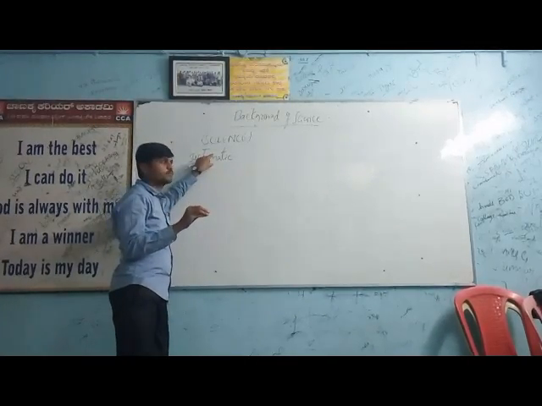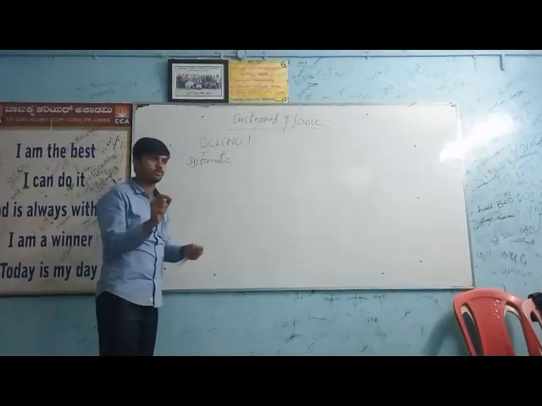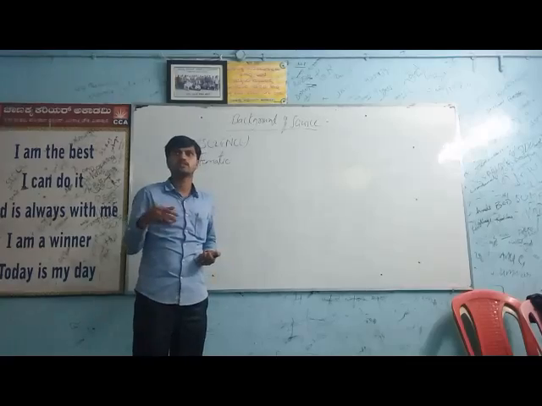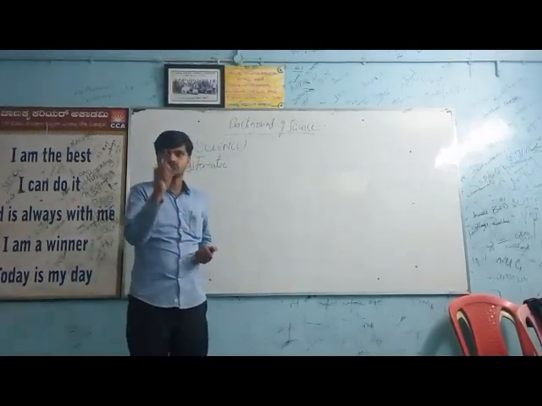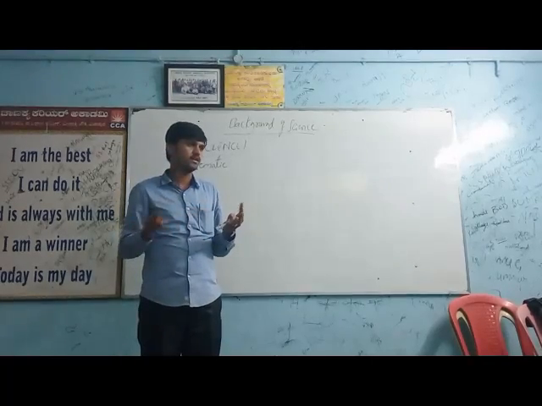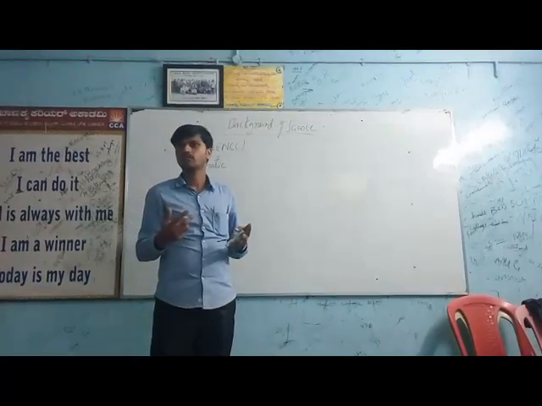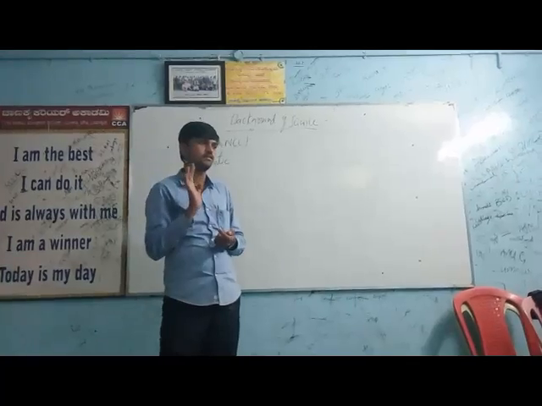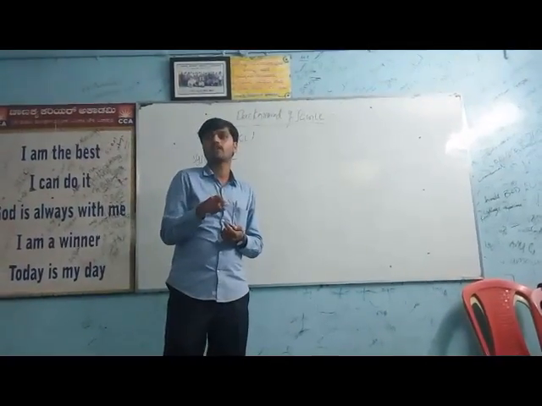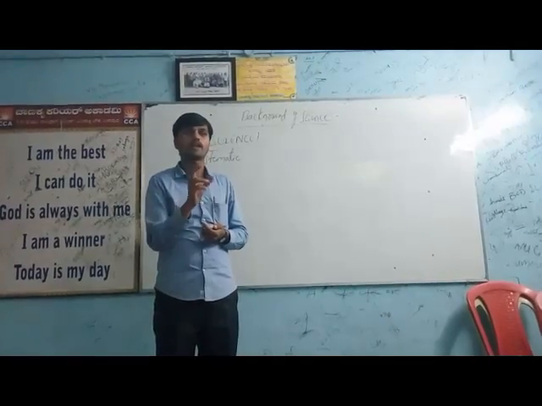For example, suppose we consider a kingdom like the Ashoka kingdom. The history teacher comes and teaches systematically: his birth, his father and mother, and what his achievements were. They also say it systematically, but it is not exactly science. Why is it not exactly science? Because history has no evidence.